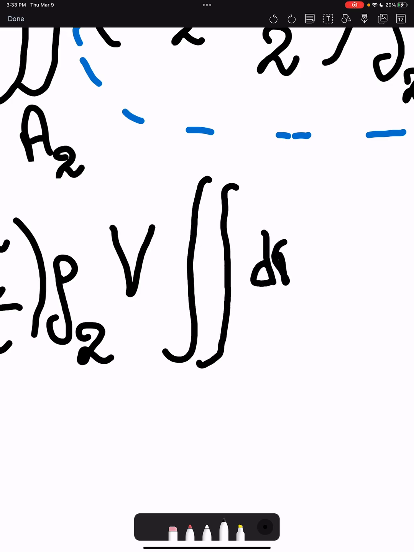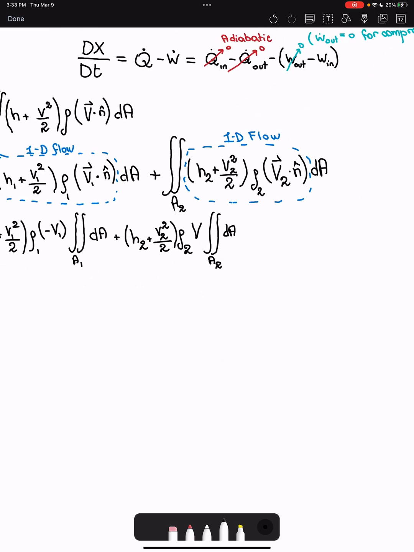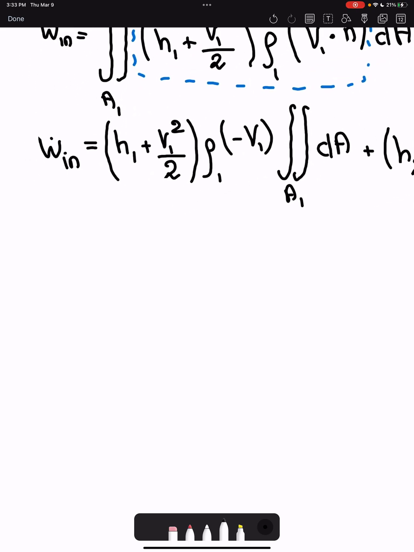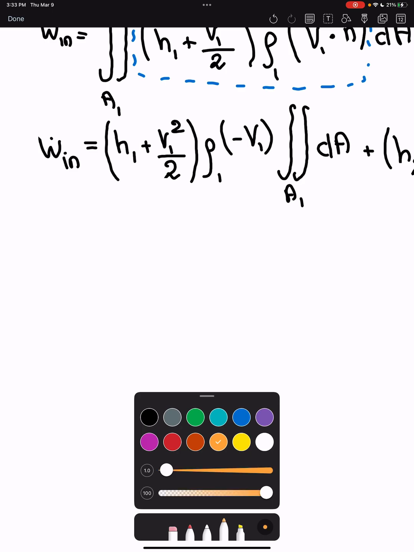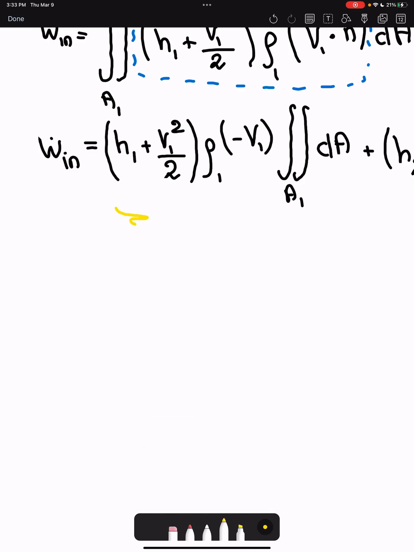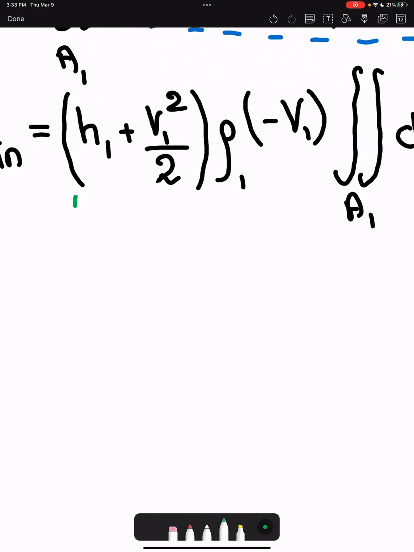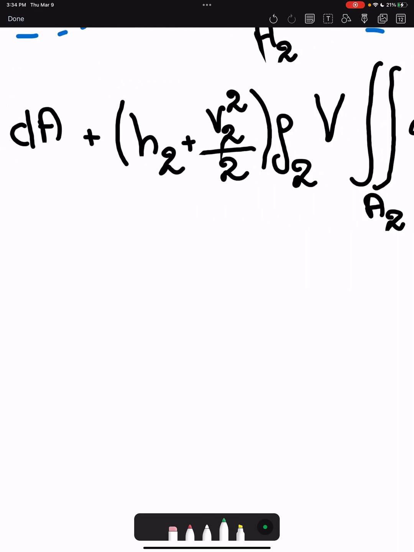Of dA over A2. So now that we have this, let's define this one as H total 1, the total enthalpy at 1, and this is the total enthalpy at 2.